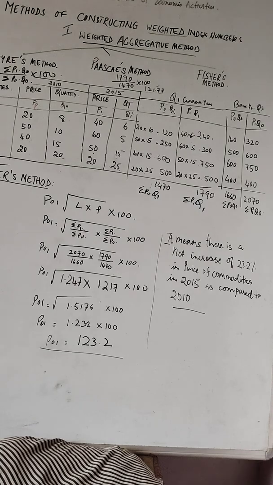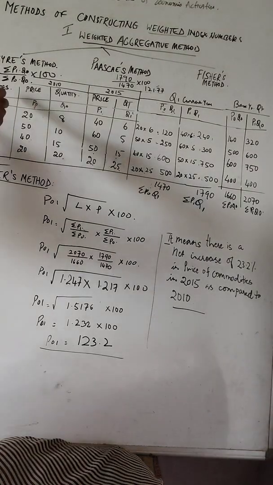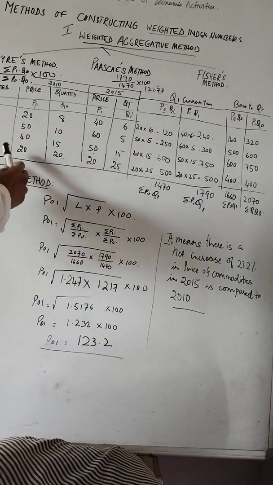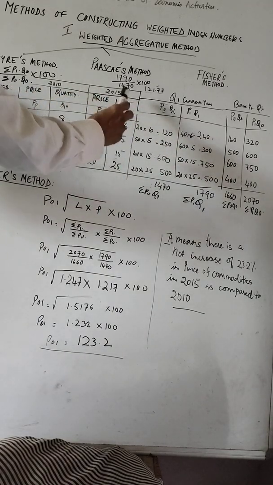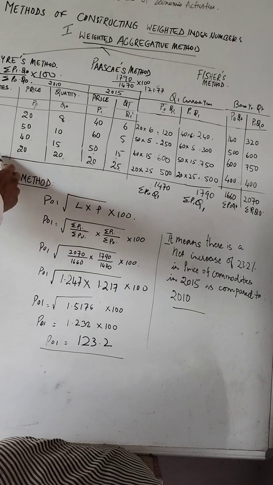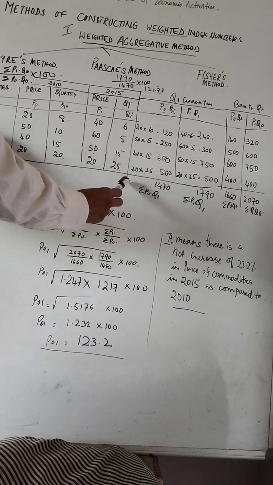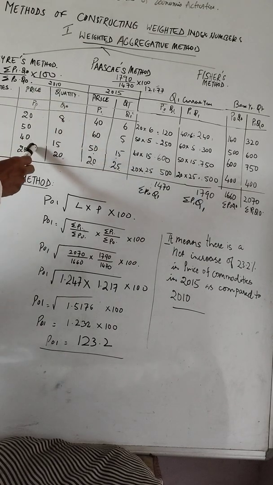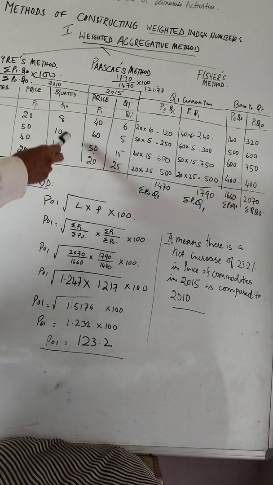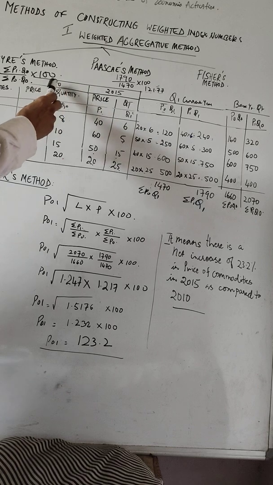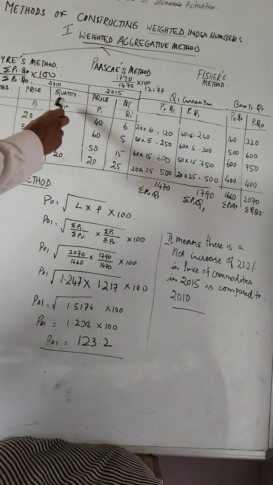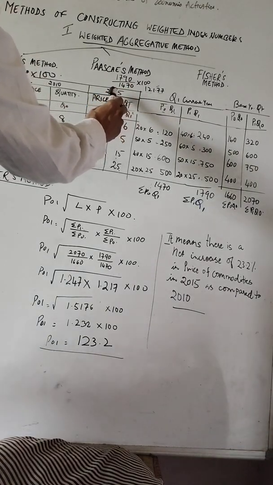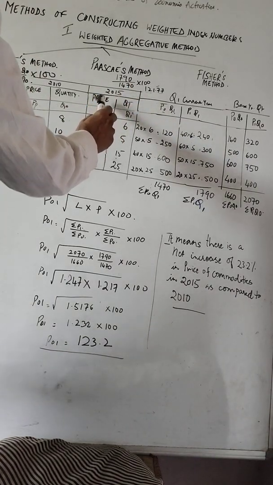Alright, so let me come to this and once again reiterate what it is. In Laspeyres' method, this is the numerical in which the commodities are given, the base year price and the base year quantity of 2010. So 2010 forms your base year price and quantity, and the current year price is of 2015.